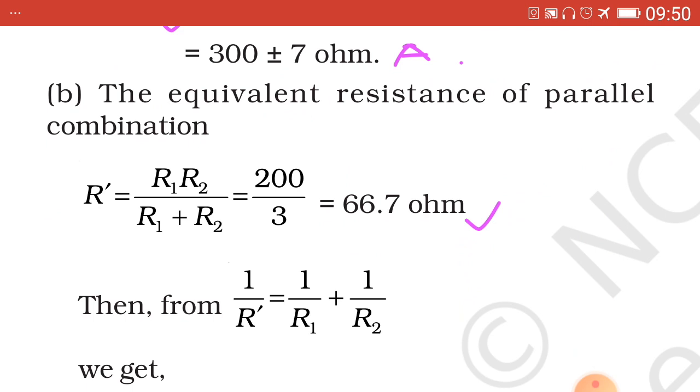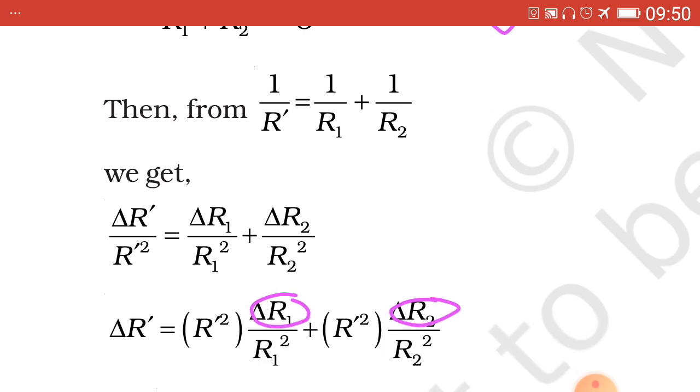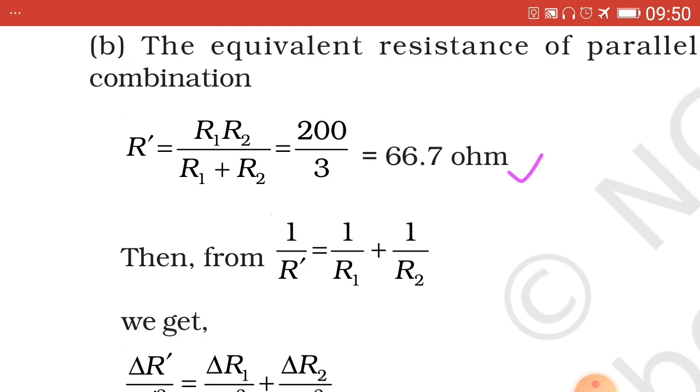But for two resistors, instead of taking the reciprocal as R dash, directly we write R dash equal to R1 R2 upon R1 plus R2, which is equal to 200 upon 3, equal to 66.7 ohm.